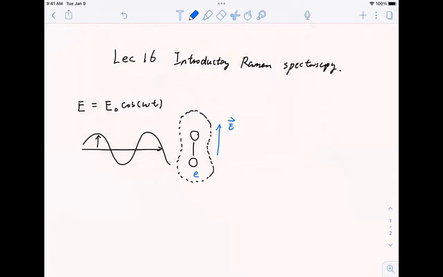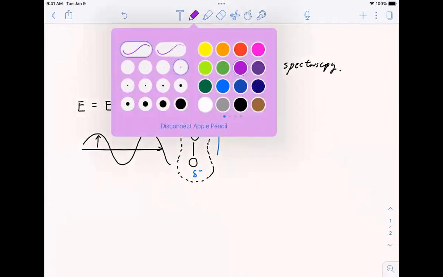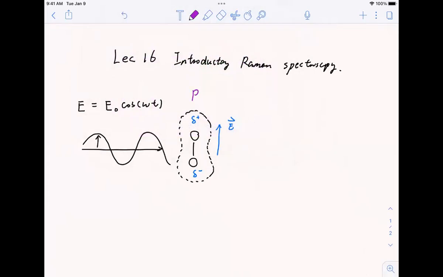There will be some electrons here and some charge here, let's just say delta minus. You only move it slightly. Then you will induce a dipole.